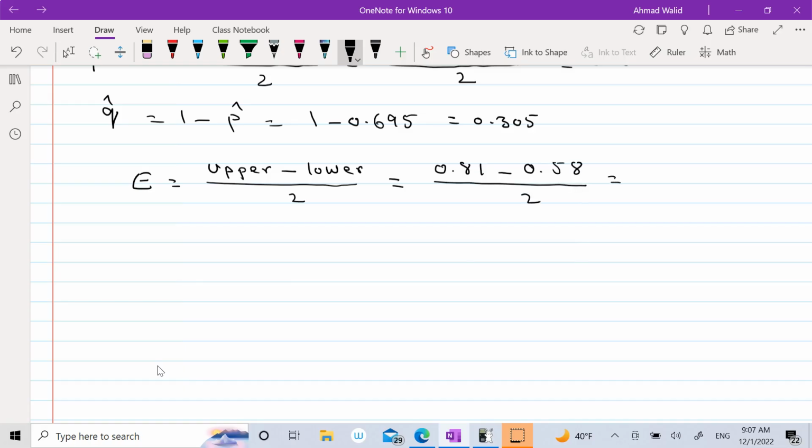If you do the math, it gives you 0.115, which is 11.5% if you want to change it to percentage. 11.5% will be your margin of error. I'll stop the lecture here. See you all in section 7.2.